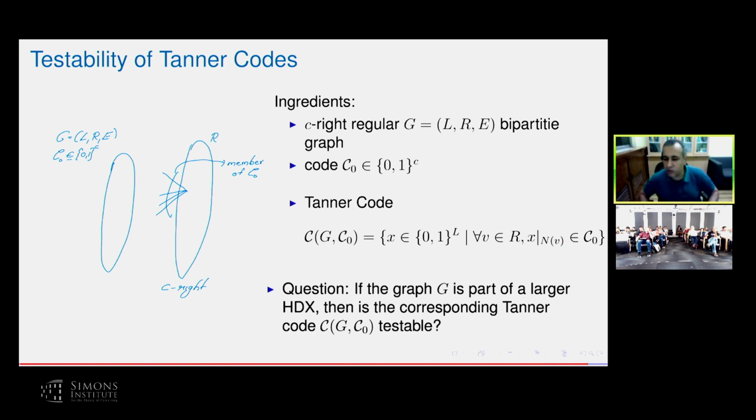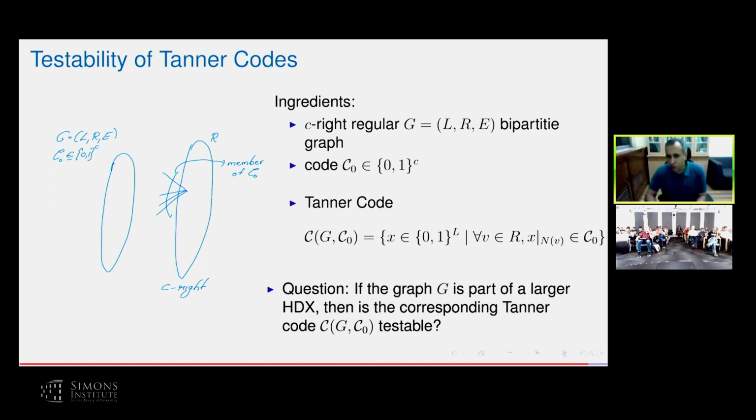Because underlying both these proofs of testability, there seems to be an implicit high-dimensional object. Is this a coincidence, or can one show that if the code is defined by a graph which is part of a high-dimensional object, one can prove local testability of the underlying code?